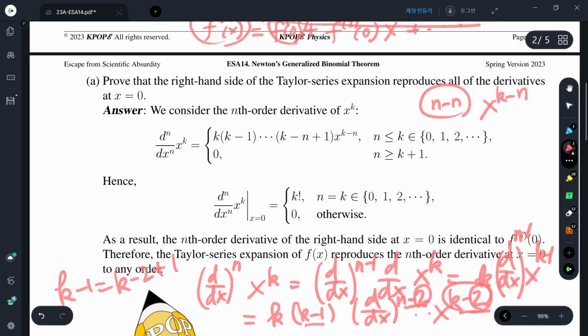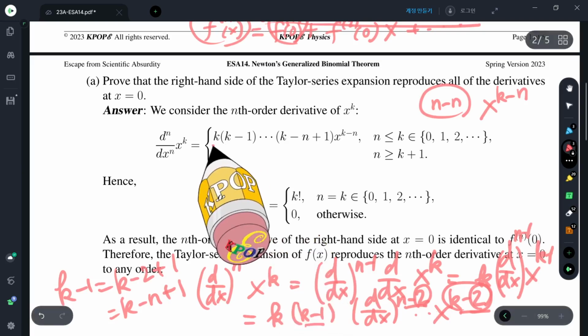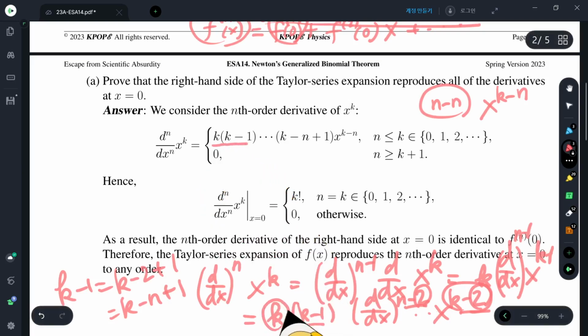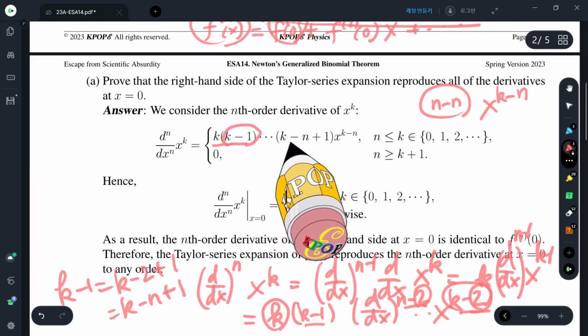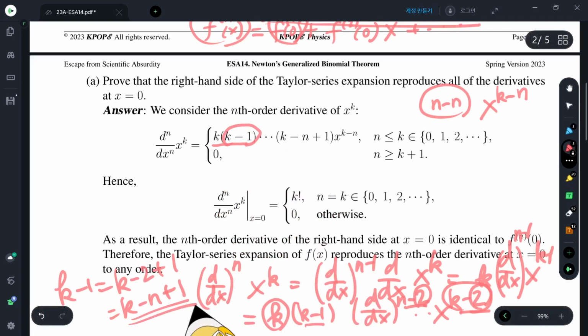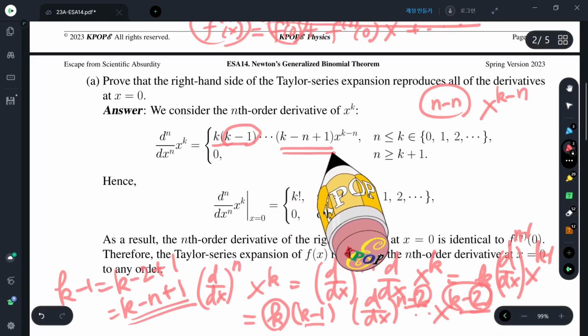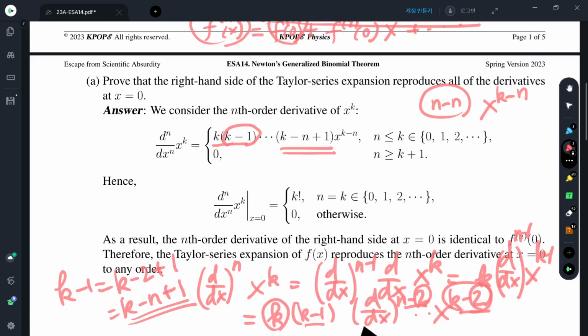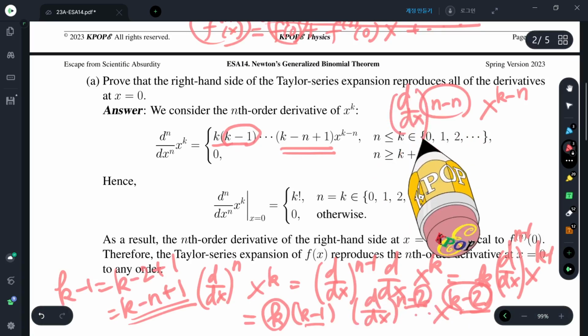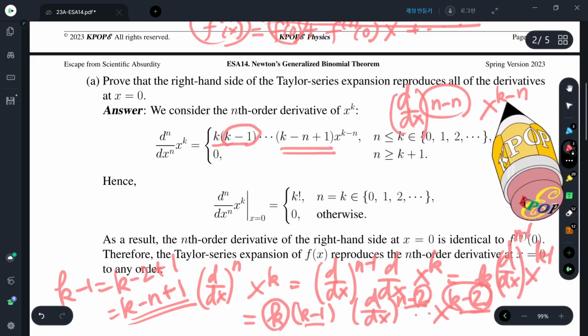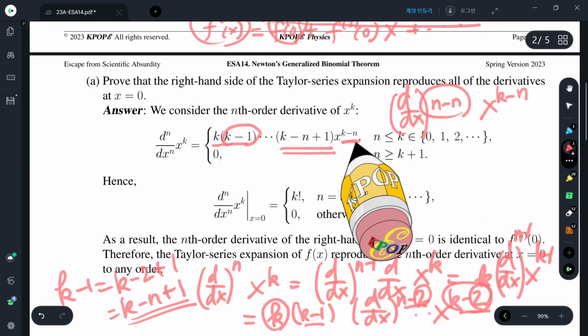So replace 2 by n, so k minus n plus 1. Therefore, this product begins with k, decreases by 1, and then ends up with k minus n plus 1, and this derivative disappears, n minus n, and the power of x ends with k minus n. Okay, that's it.